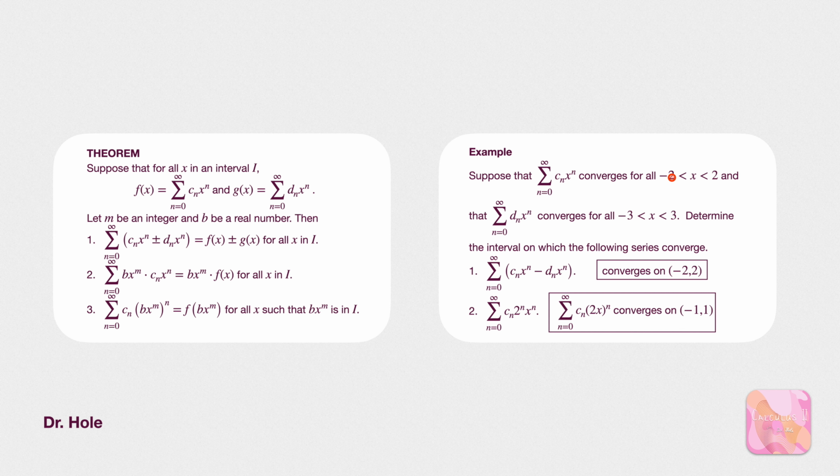That's for input x's, so that's these input x's. But for our power series, we need 2 x's, twice x, to lie in between negative 2 and 2. In order to recover our x, we would divide by 2 and thus get negative 1 up to 1.